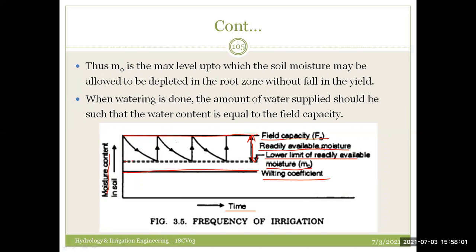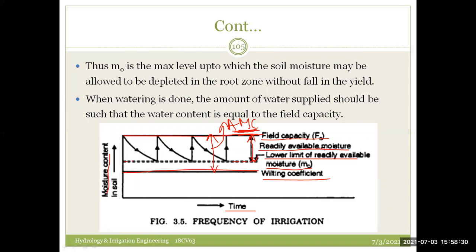And AMC, the available moisture content, is the moisture content between field capacity and wilting point. It is the difference between field capacity and wilting point. Whereas the moisture content between field capacity and the lower limit, M0, is your RAMC. You can see this from the figure itself.